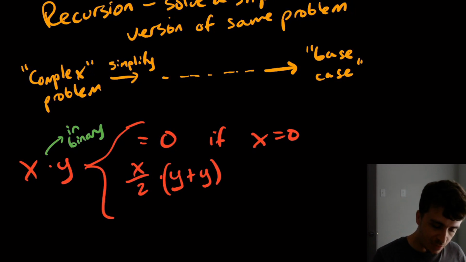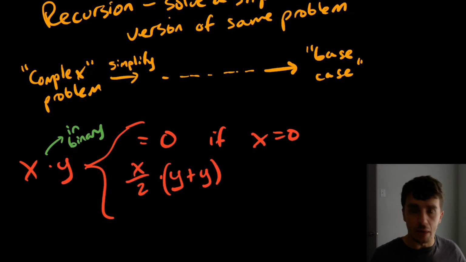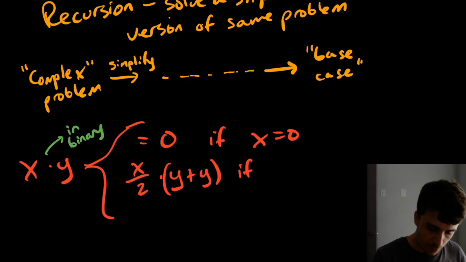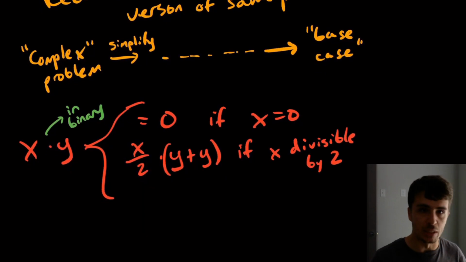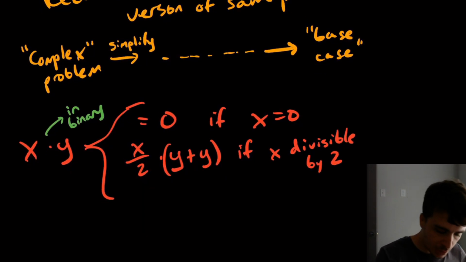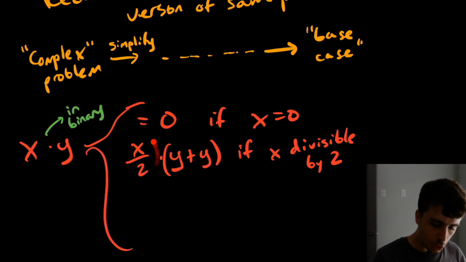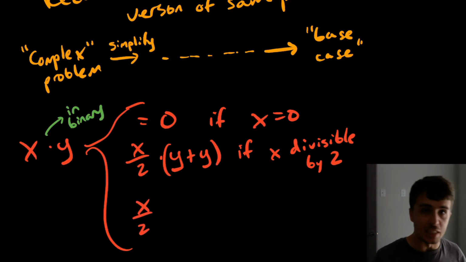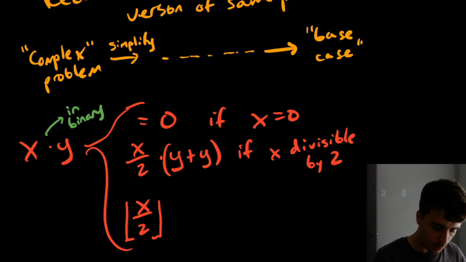Well, if x is divisible by 2, in other words, it's even, we don't need to do anything. But suppose that it's not divisible by 2. If I divide by 2 and it's not divisible, a way to fix it is to use the so-called floor function.